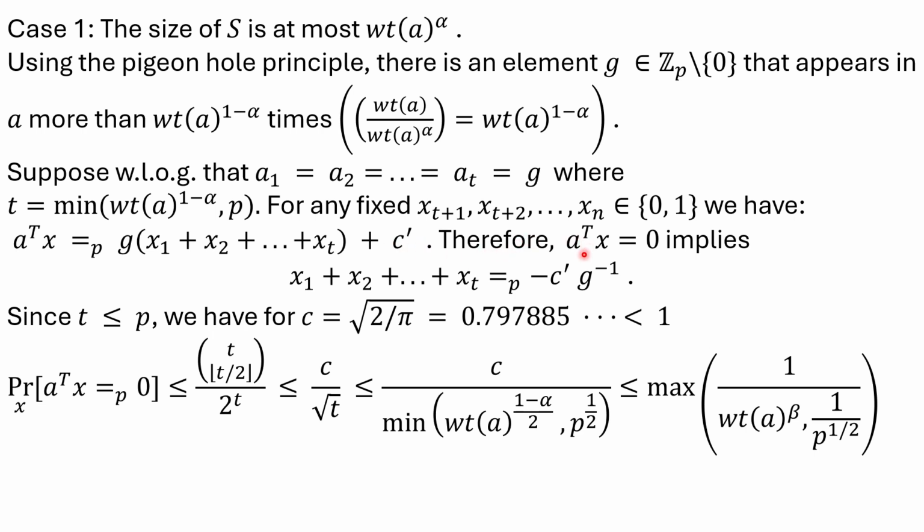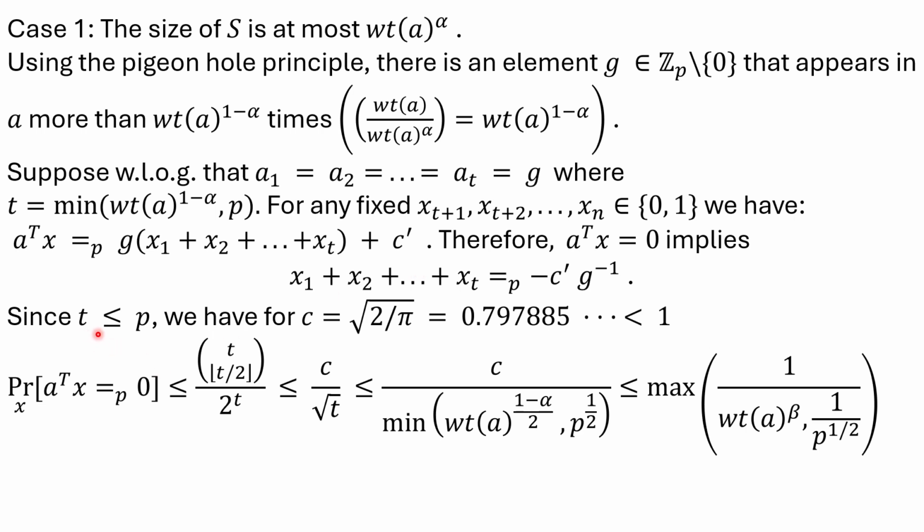Therefore, A transpose x equals 0 implies that this sum should be equal to minus c multiplied by g to the power of minus 1. We just divided by it here.